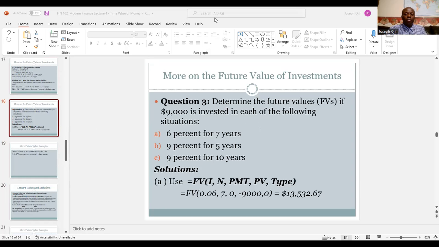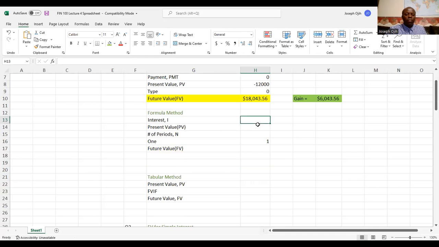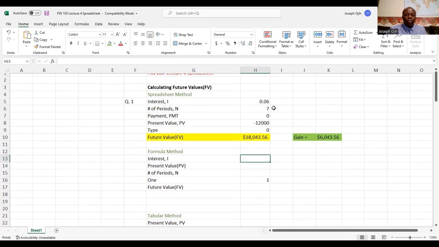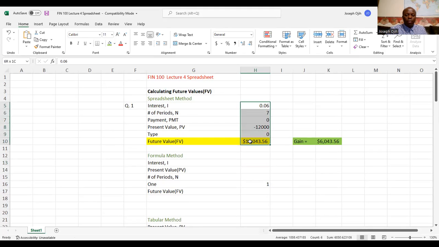Let's say we use Excel for this. I'm going to erase this here so we can put our question, our information. So interest is 6%, so 0.06. This time around is 7 years. There's no payment.